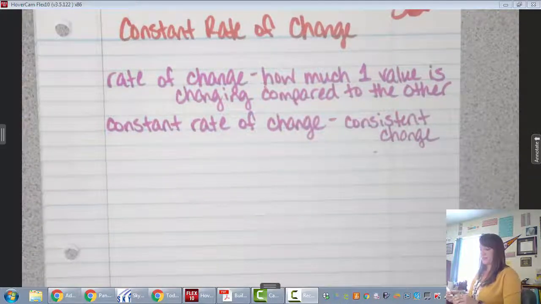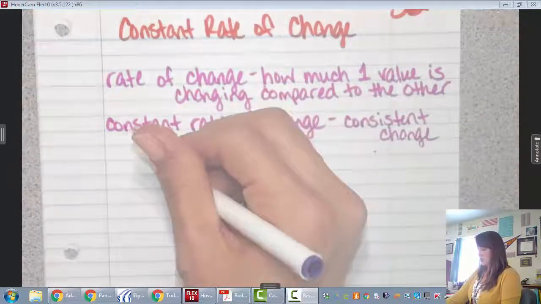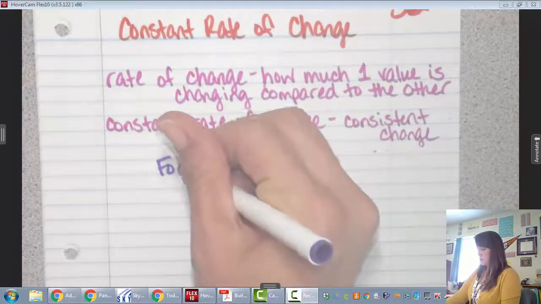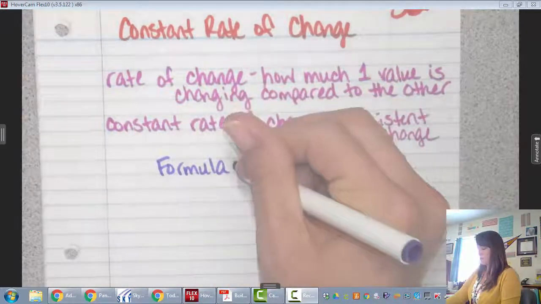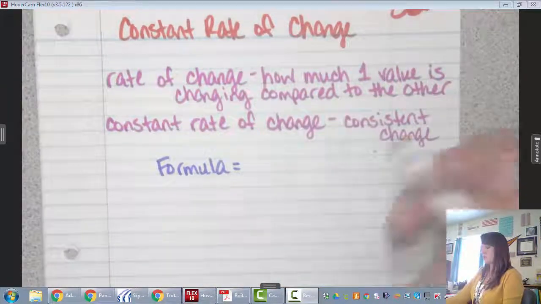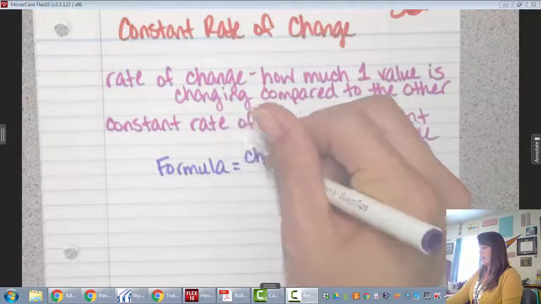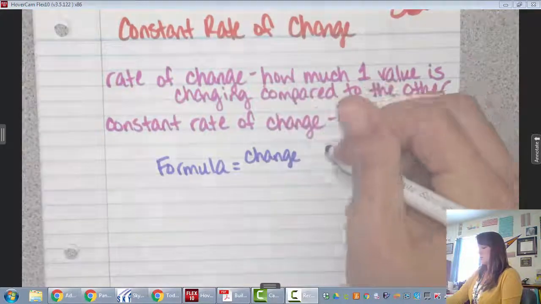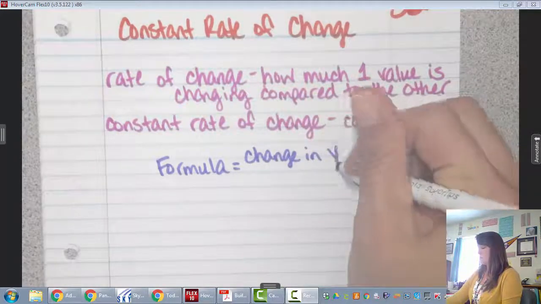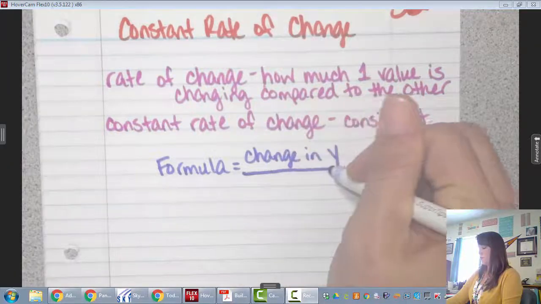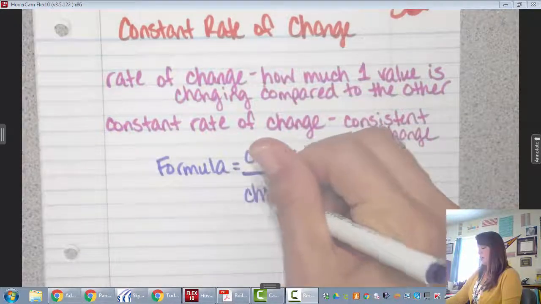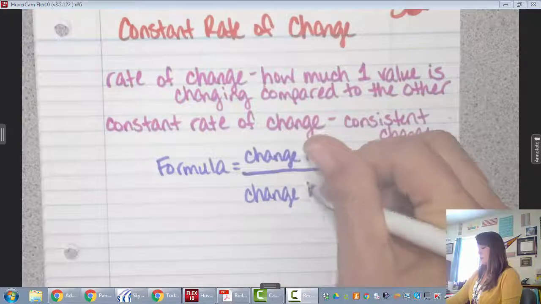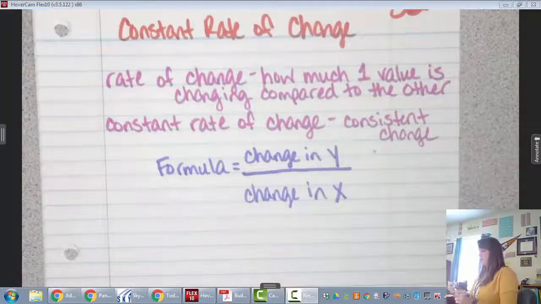This formula is very important. This is how we solve for constant rate of change. We're going to have the change in y values over the change in x values.